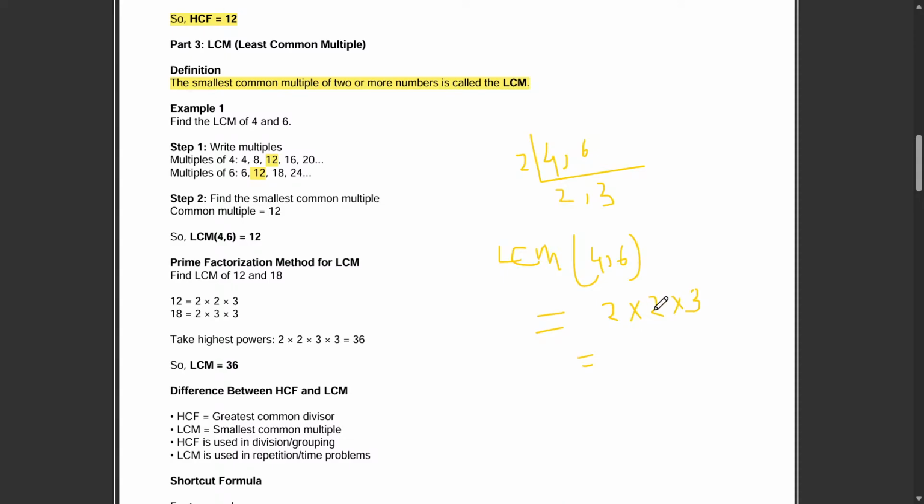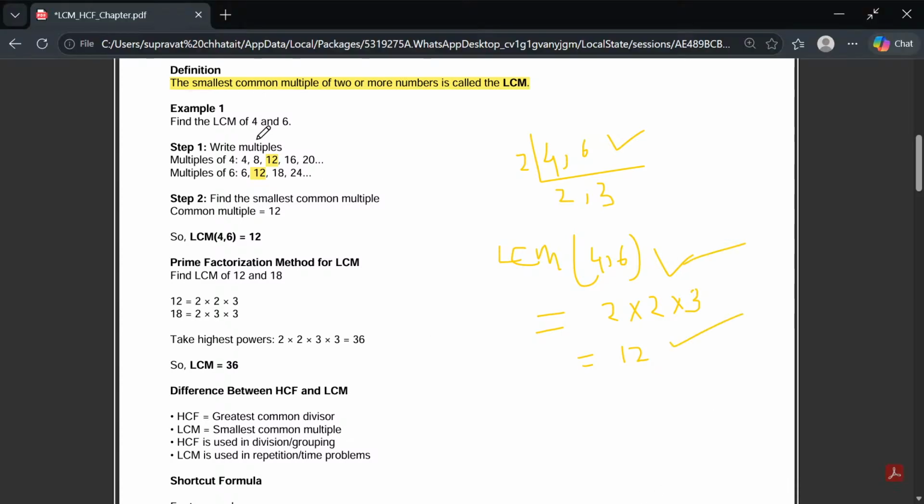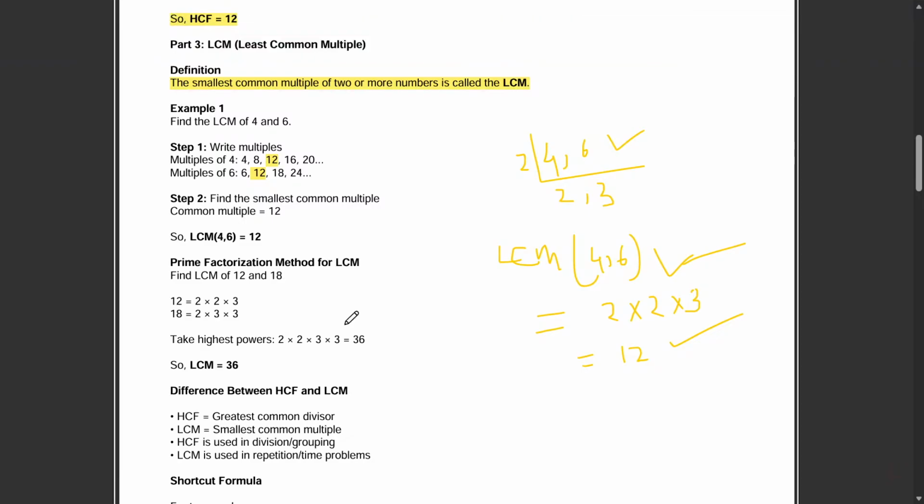That is 4 into 3, that is 12. So we can also find the LCM of 4 and 6 by this method. I hope you understand, students.